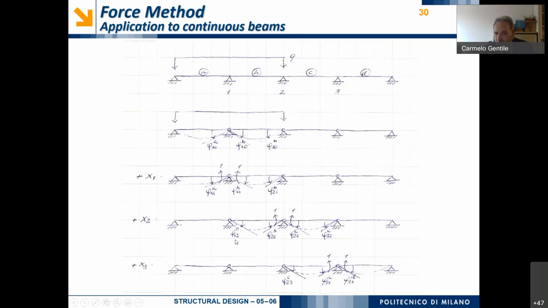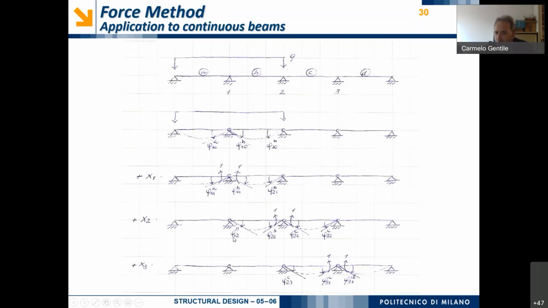But of course, there are also rotations corresponding to cross-section number 1, and this rotation on our left-hand side is called phi12B, whereas the rotation on the opposite side will be equal to phi32C. Remember, always these rotations, these flexibility coefficients, are denoted by 2 subscripts.